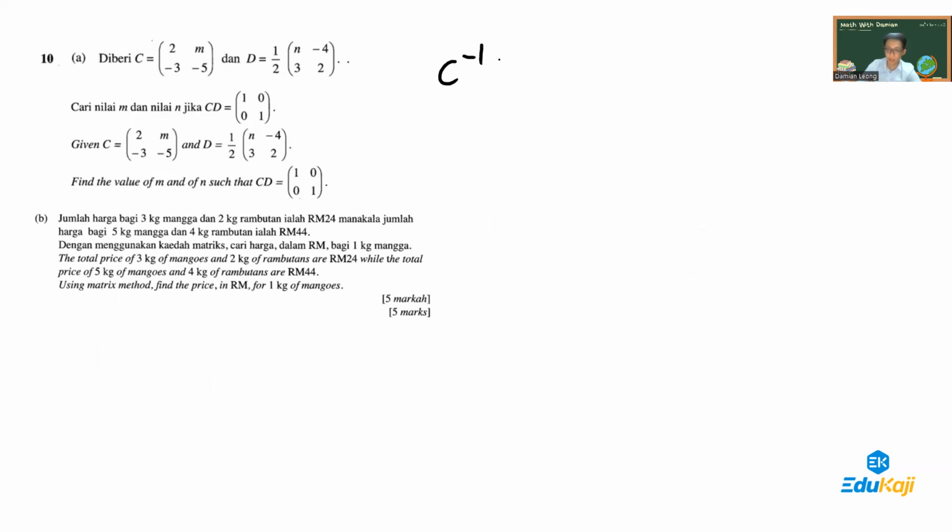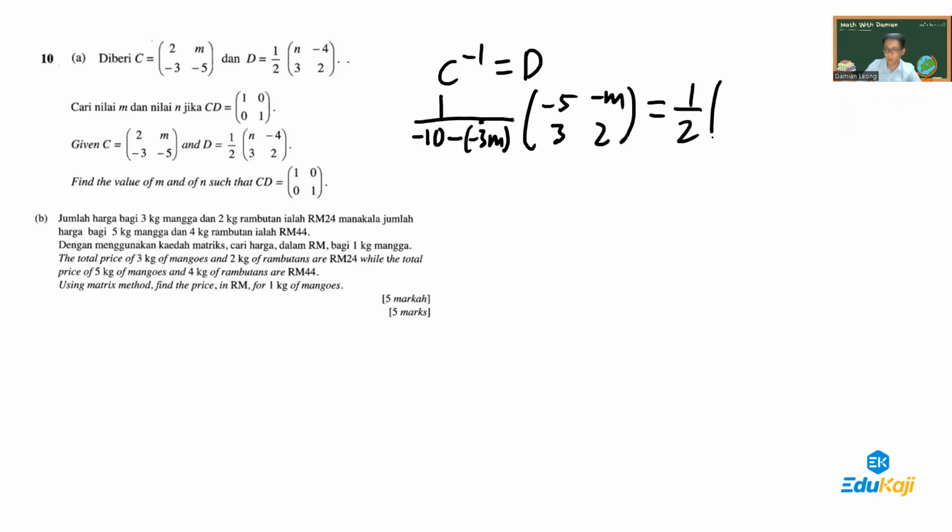Basically C inverse equals D. C inverse is 1 over AD, 2 times -5, -10, minus BC, -3 times M, -3M. Switch A and D, negative B and C. So equals 1 over 2 and -432.